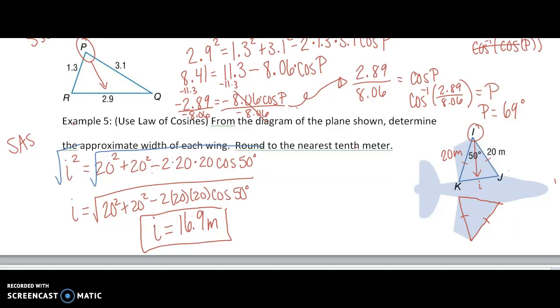You can print that off and do 1 through 4 and then 9 and 10. 9 and 10, those are both side, side, side. And 1 through 4 happen to both be side angle side examples. If you have other questions, please come see me, and we shall have our CFA coming up here soon.